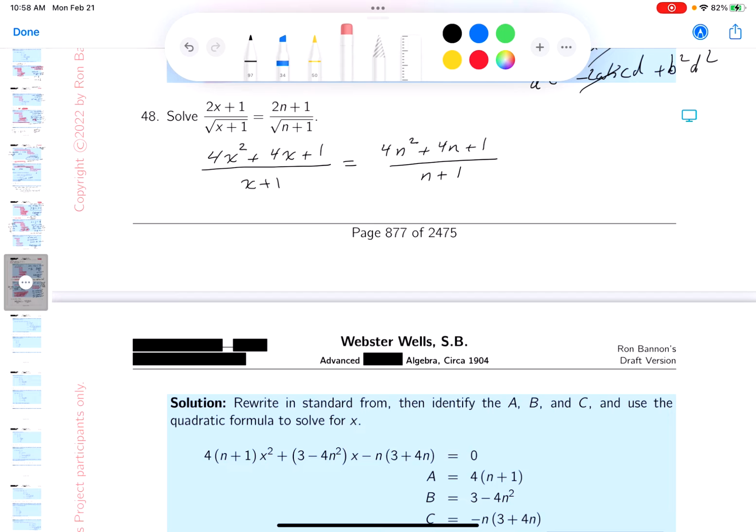Let's be real careful. 4x squared plus 4nx plus n plus 4x squared plus 4x plus 1 equals 4n squared x plus 4nx plus x plus 4n squared plus 4n plus 1.